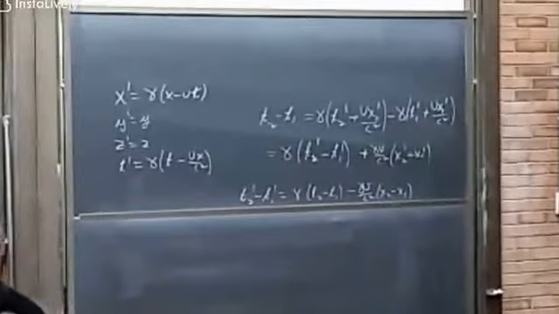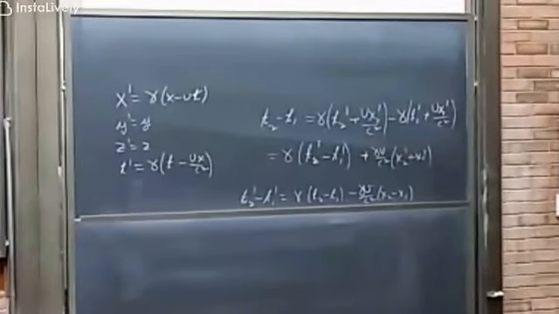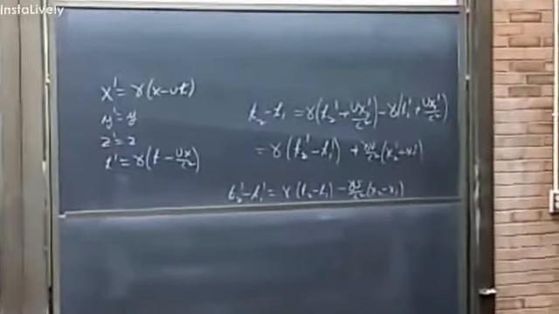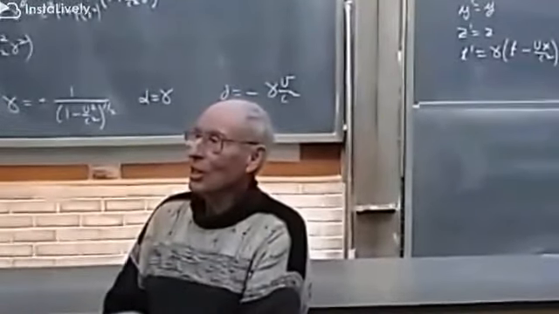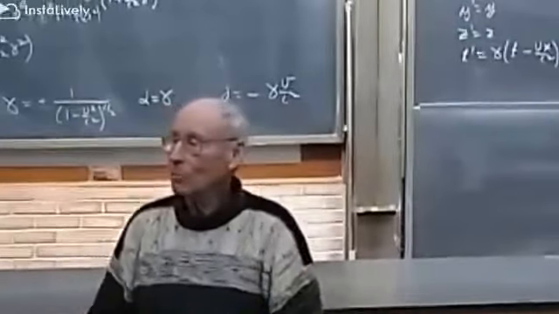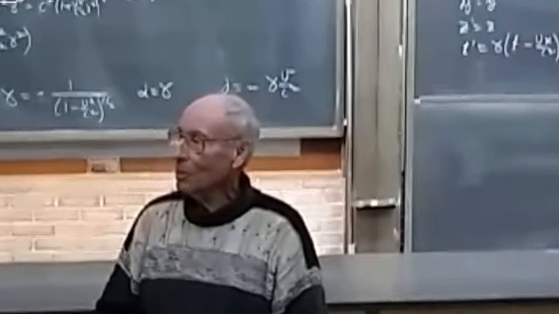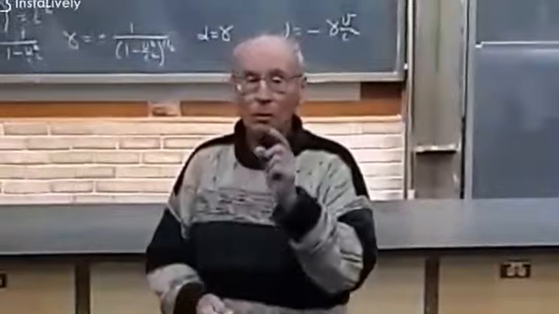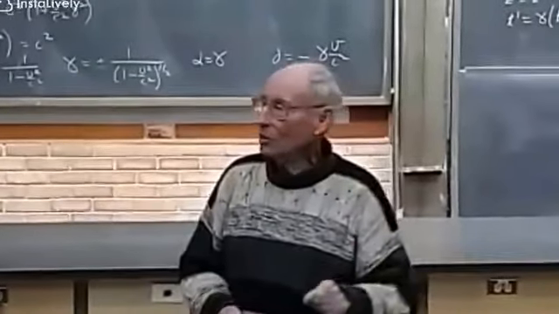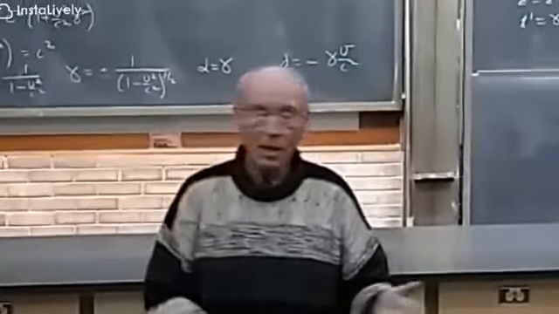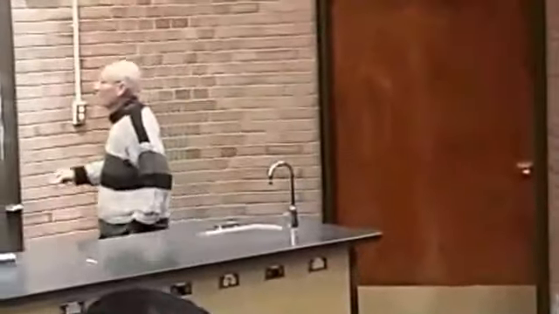Where's the clock? At the clock. I'm happily sitting in my chair, munching my pies. So my position a second later is the same as it was to begin with, as far as I'm concerned. And therefore, it is the x2 prime that is the same. So x2 prime is the same as x1 prime, and therefore this is equal to 0.